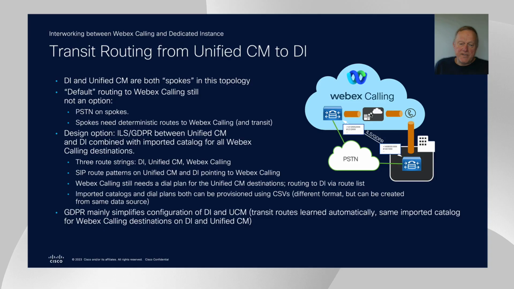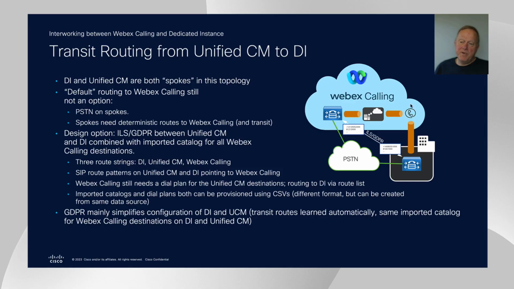For that, you would actually need 3 SIP route strings, basically one route string for the catalog advertised by Webex calling dedicated instance, one route string for the catalog advertised by communications manager on premises, and there could be technically a 3rd SIP route string involved for everything that lives on Webex calling multi-tenant.